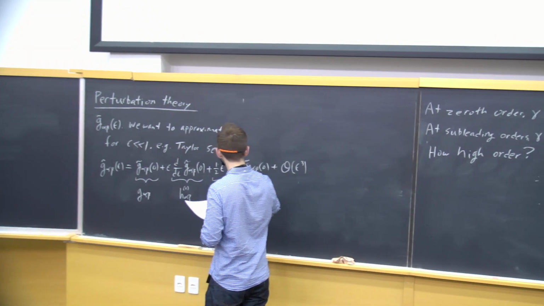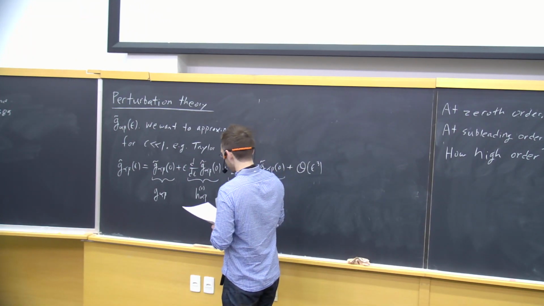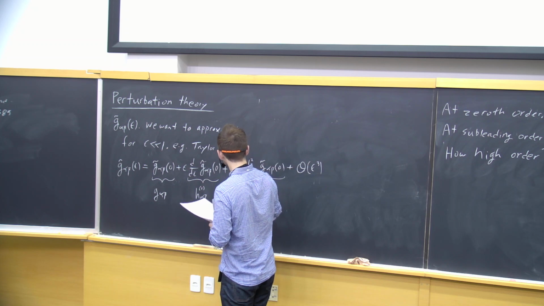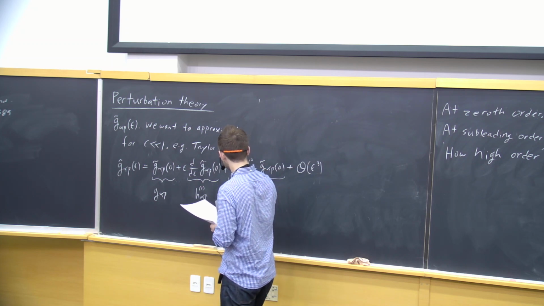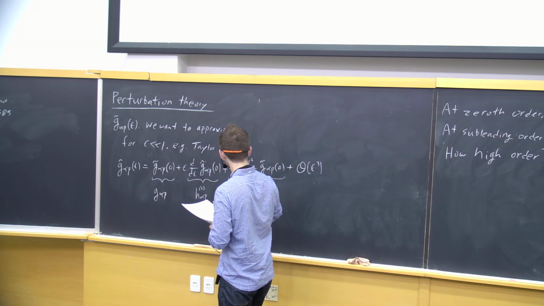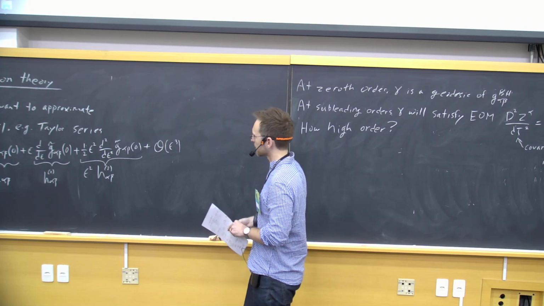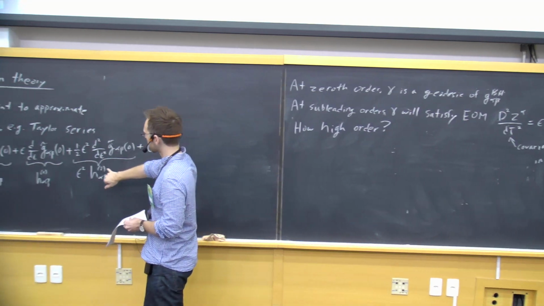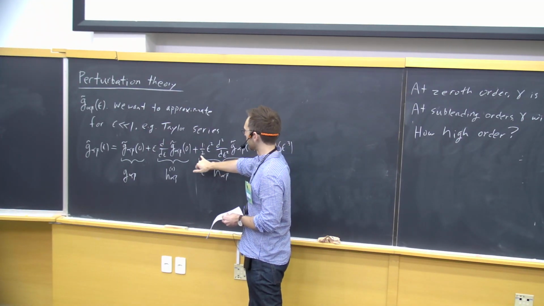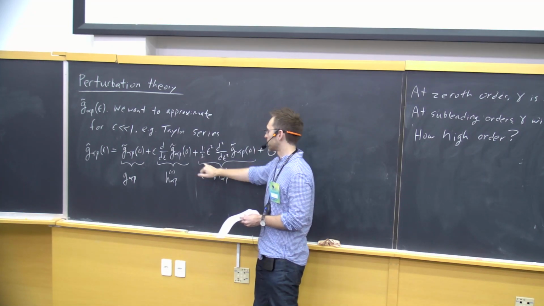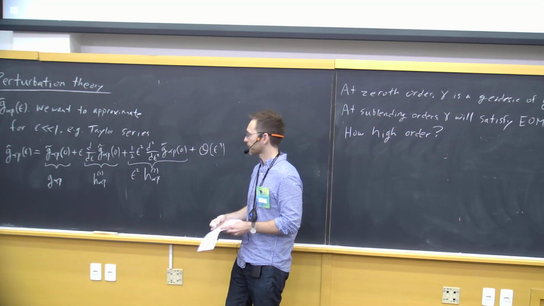And this bit without the epsilon squared, I'm going to call H2. The convention here is a little bit different than some other people's. Sometimes H2 will be defined without this 1/2 included in it. I'm including the 1/2 inside the H2.